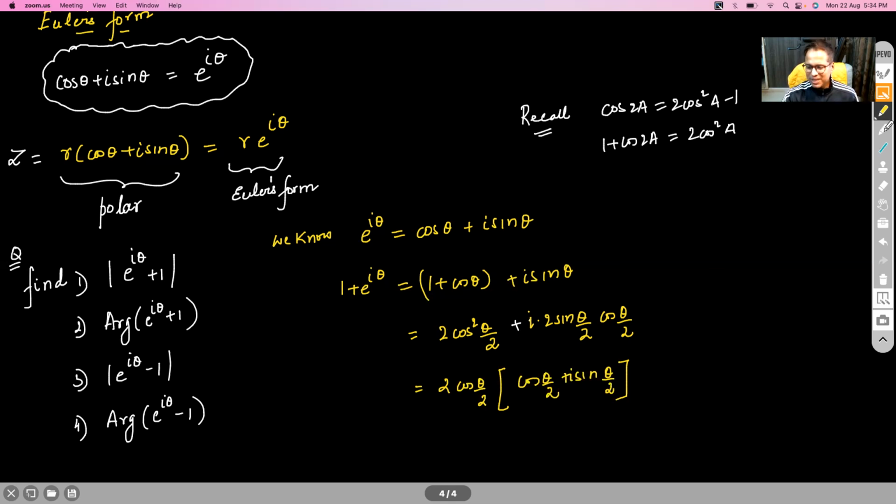Now, if you compare this with your r cis theta, or r times cos theta plus i sin theta, this becomes your modulus. Correct? And this angle theta by 2 becomes your argument. Yes or no? See what I'm doing. You just compare this.